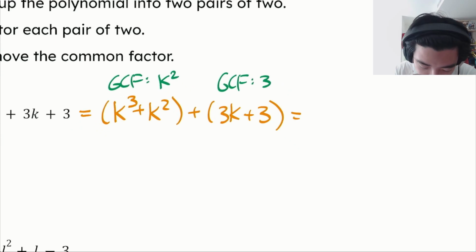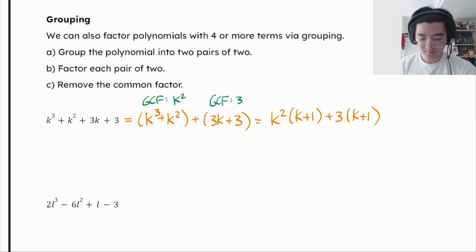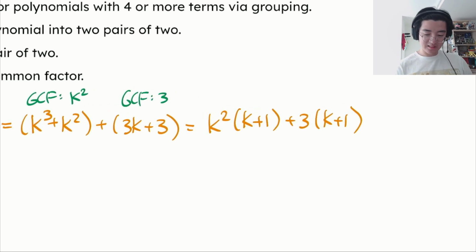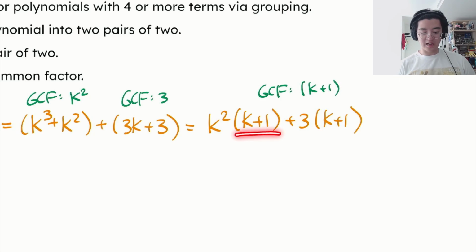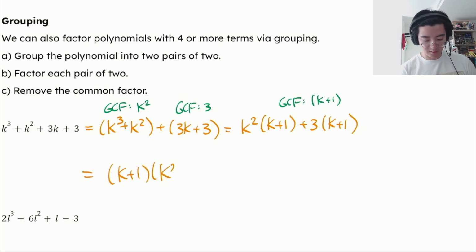So then we can take out the k squared for the first clump and take out a 3 for the second clump. Hey, just like that. Now we can finally do what we did earlier. Both of those terms have a k plus 1, which means that we can factor that out with k squared plus 3 remaining.